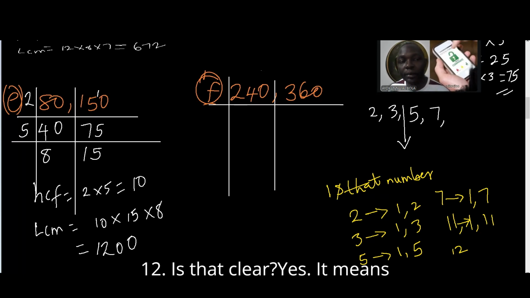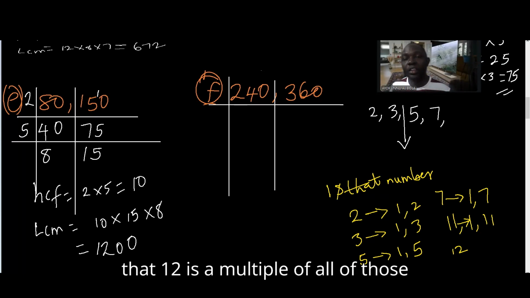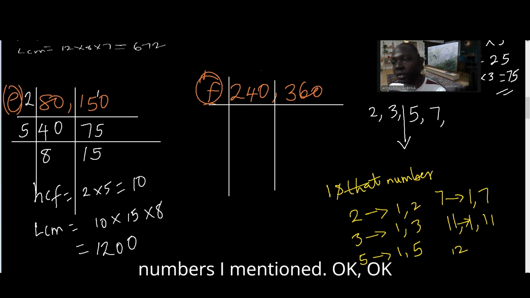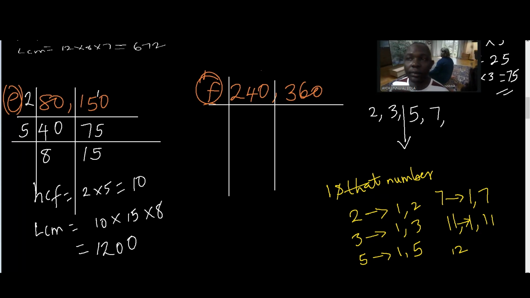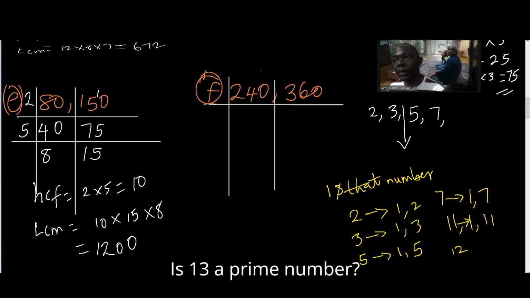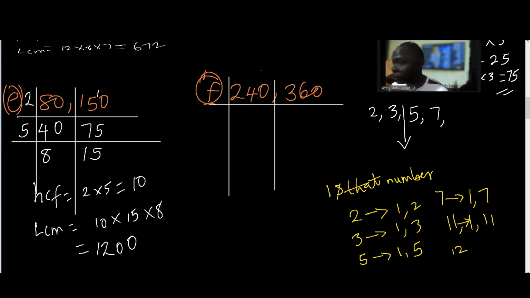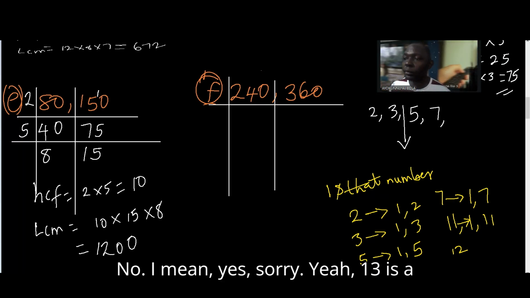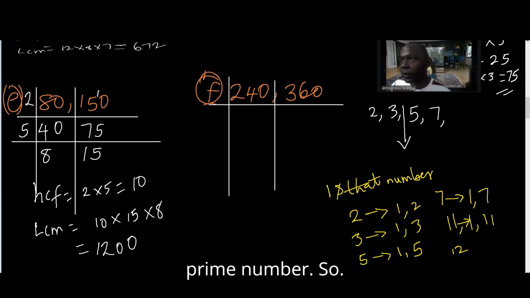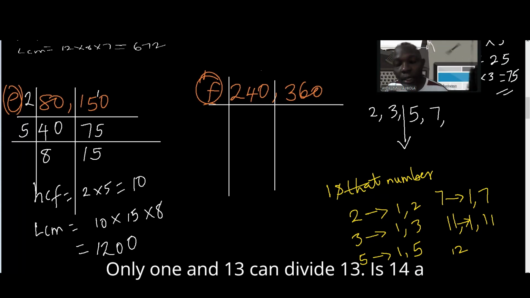Is that clear? Yes. It means that 12 is a multiple of all of those numbers I mentioned. Is 13 a prime number? No. I mean, yes. Sorry. 13 is a prime number. So only 1 and 13 can divide 13.